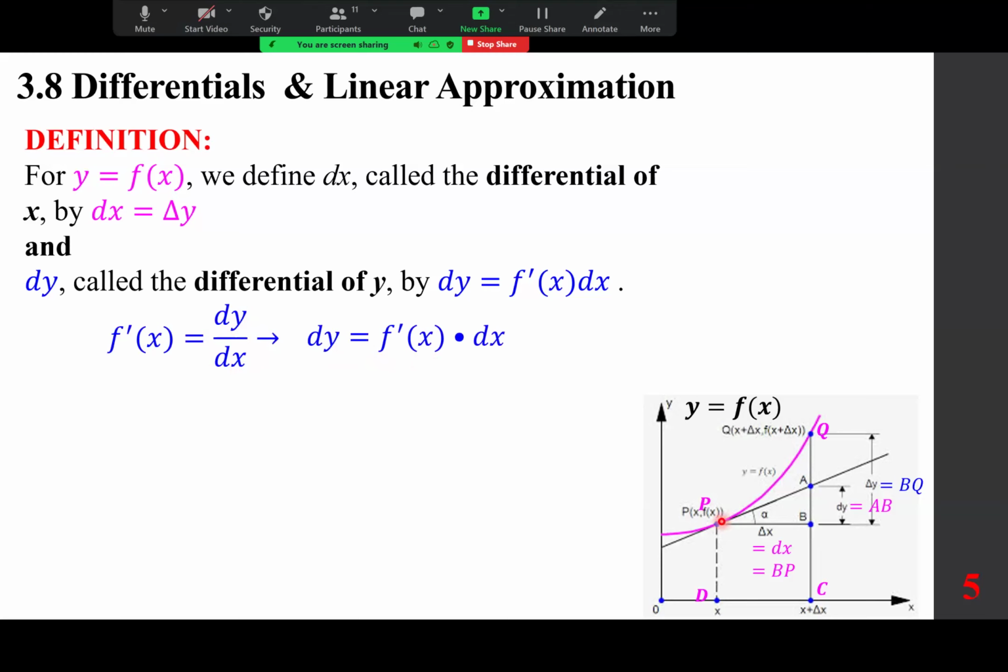Now, as far as understanding the graph, this distance delta y, or this distance BQ, is CQ minus BC, or PD.